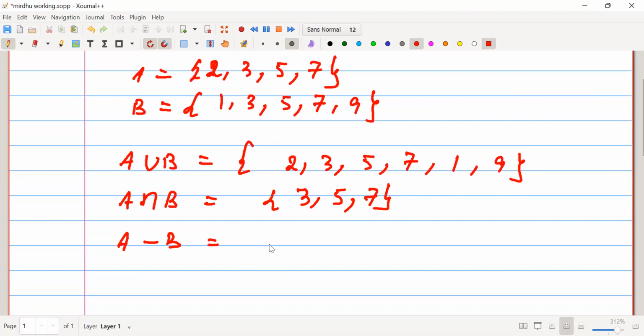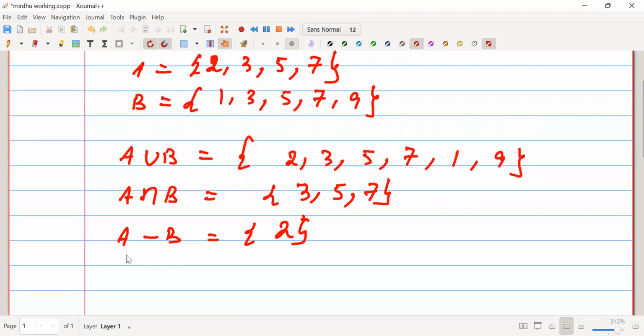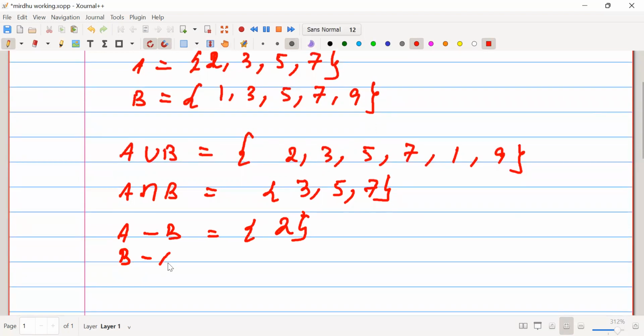A difference B or B difference A? A difference B: that is 2. Okay, very good. What is B difference A? 1, 9. So from this we can deduce that A difference B is not equal to B difference A, number one.